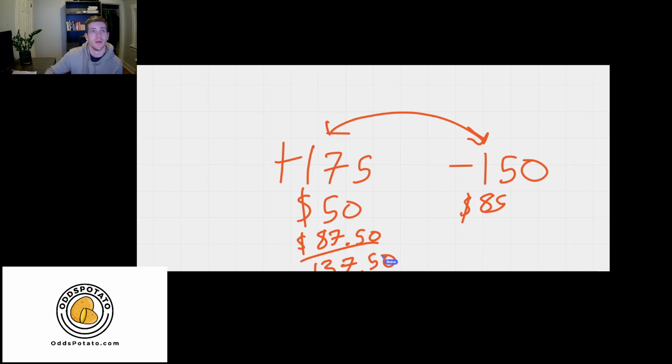Okay. If I bet $85, I'd be up 56 for a total of 141.67. Let's be exact. And so you can see that I'm in $135 and either out $137.50 or $141.67. So it's a profit either way.